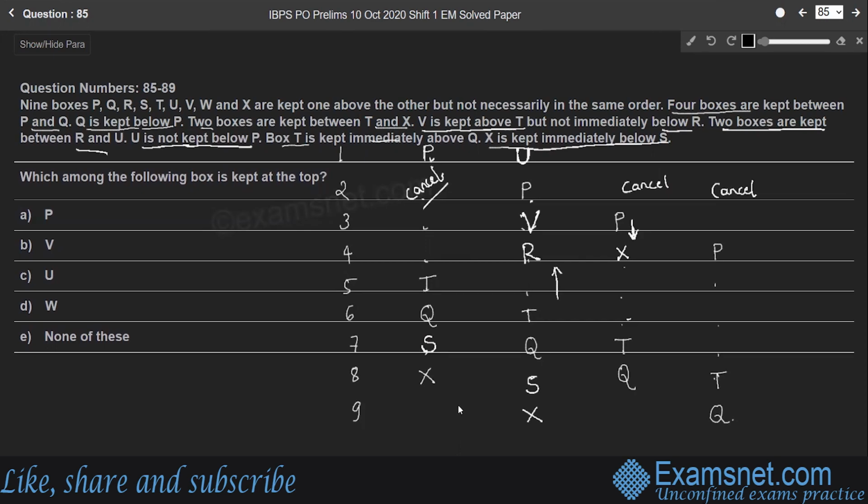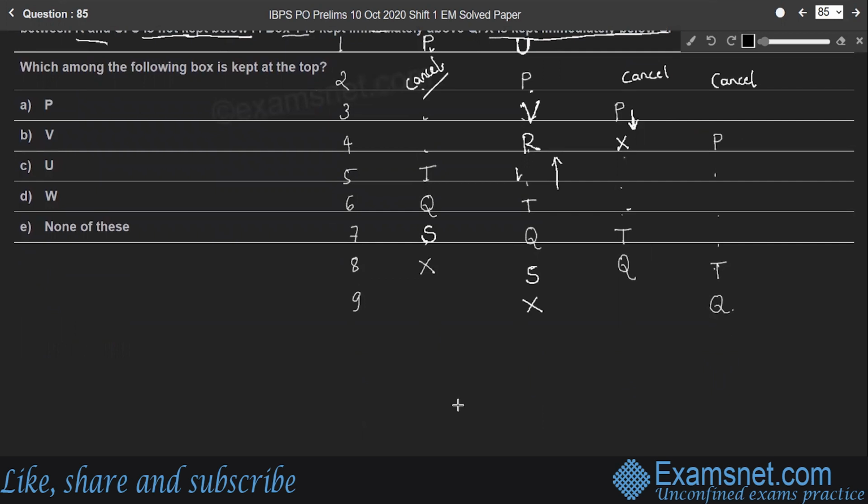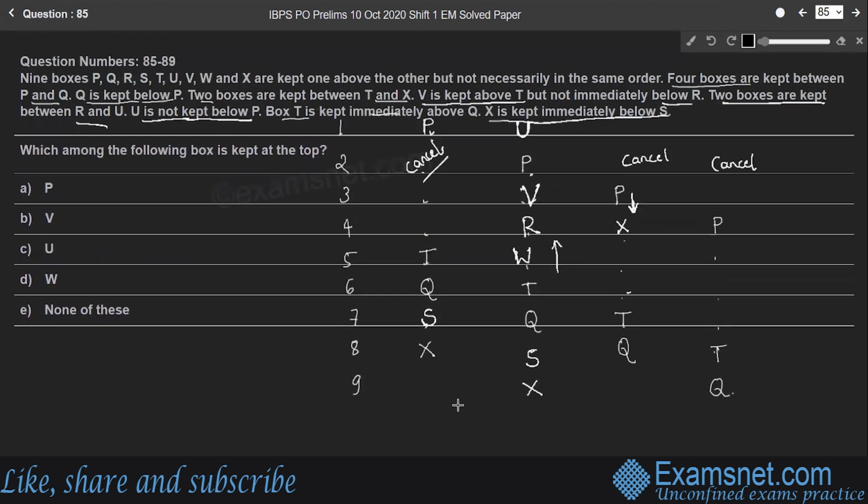Therefore the remaining box is W, which is kept at the fifth position. Their order is: first box is U, second is P, third is V, R, W, T, Q, S and X, right? Now the question 85, which among the following box is kept at the top? So therefore, box U is kept at the top. Option C is the right answer.